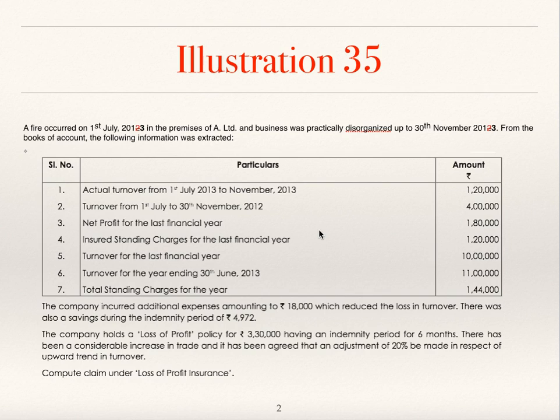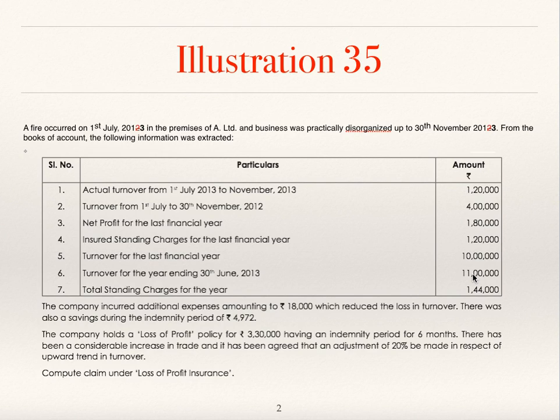Annual turnover is the 12 months turnover immediately preceding the date of fire, which is the turnover for the year ending 30th June 2013, 11 lakhs. Now there is a 20% increasing trend. So 11 lakhs plus 20% of 11 lakhs, which is 2 lakhs 20,000.